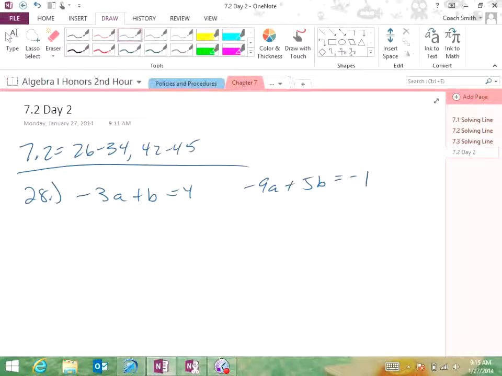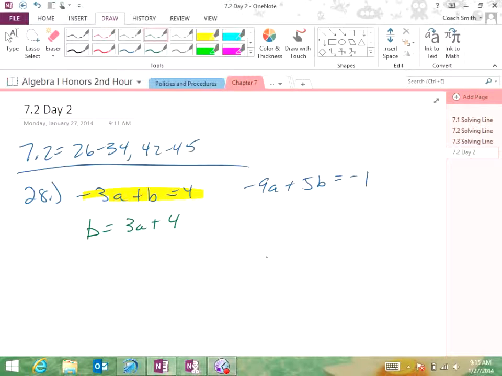1. Okay, either one of them, let's see, did I do that right? Yeah. This one here is probably the easiest one to solve. To solve for b would probably be the easiest thing to do. So that would be b equal 3a plus 4.